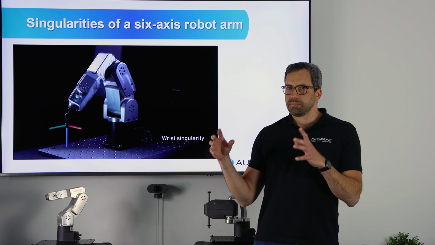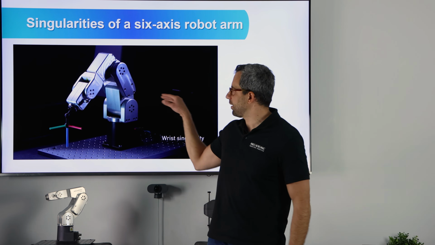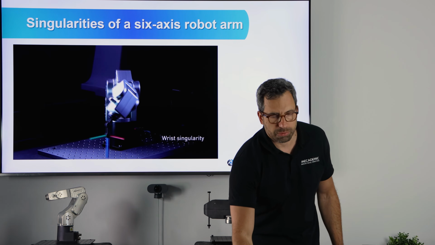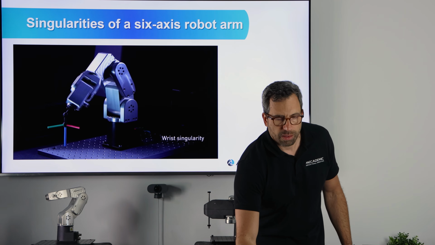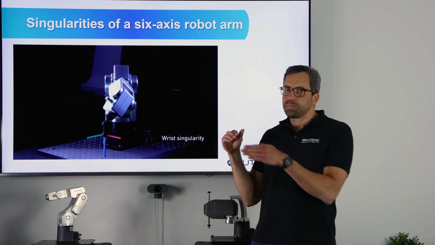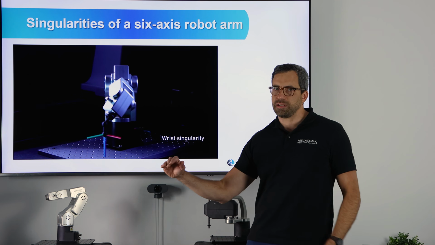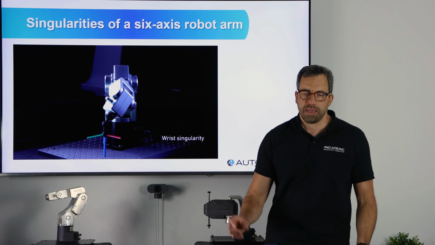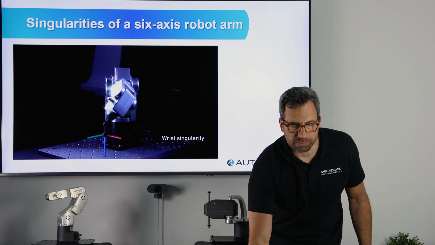But normally, most industrial robots, if they get into this configuration, they will simply stop. And here, when you pass close to this singularity, what happens? The robot slows down.